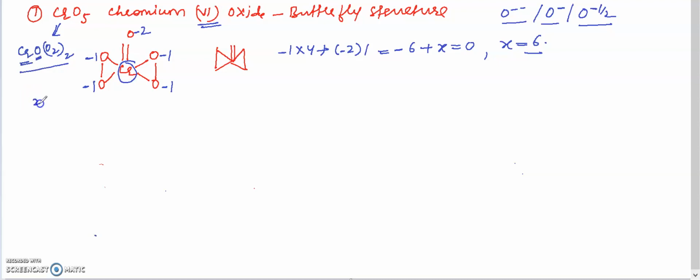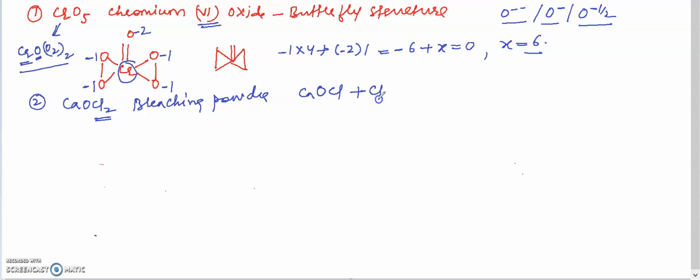Now what next? Next is bleaching powder, CaOCl2. What oxidation state is Cl showing in this bleaching powder? See, what does it mean? It means Ca(OCl)Cl. This Cl is minus charged. And what about this Cl? Here, O and Cl.